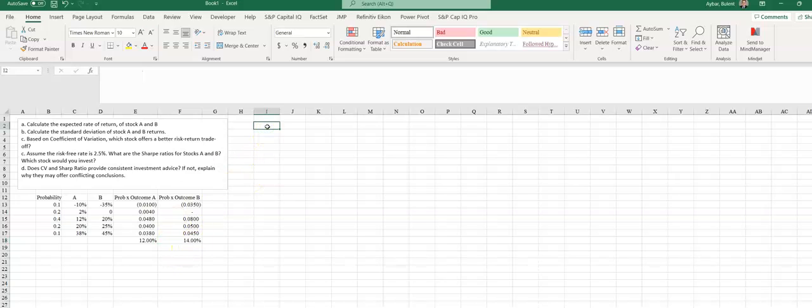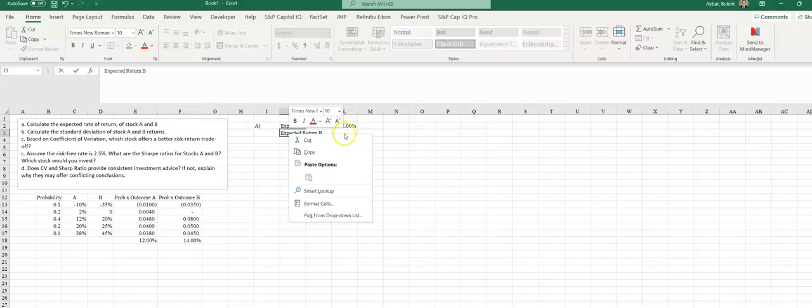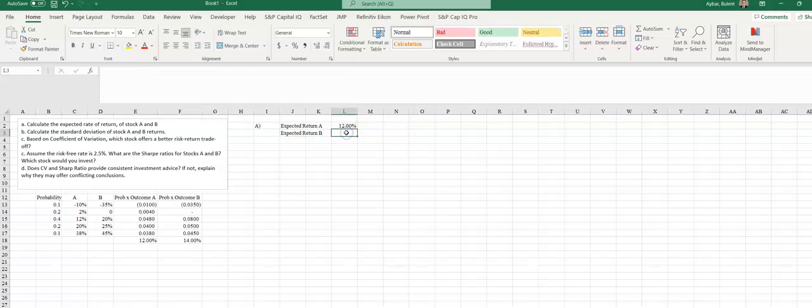So we could write here our answers: expected return A is, we can just pick up from this in here, 12%, and expected return B is equal to 14%.